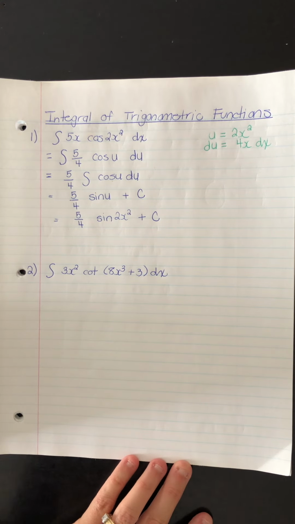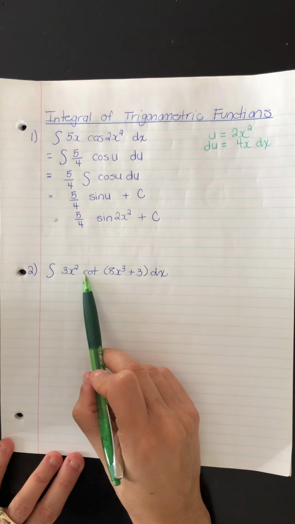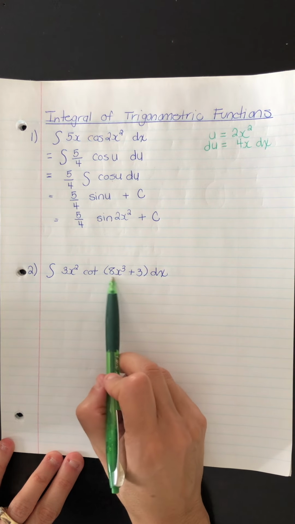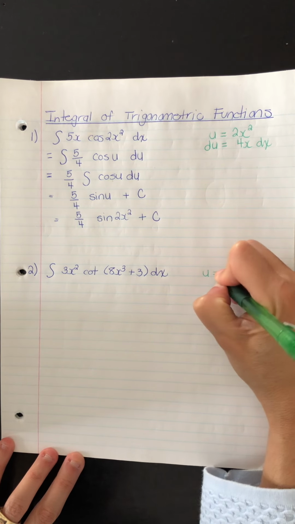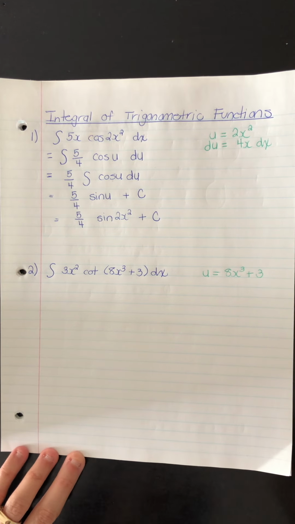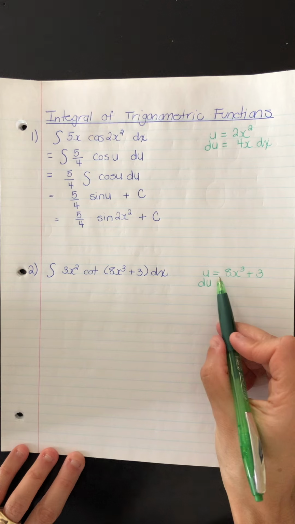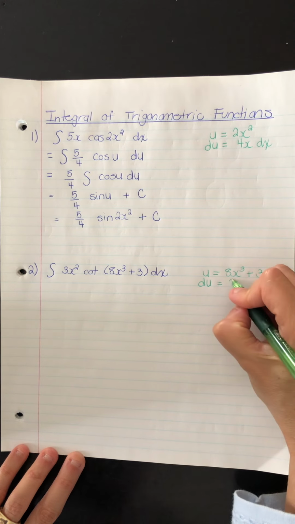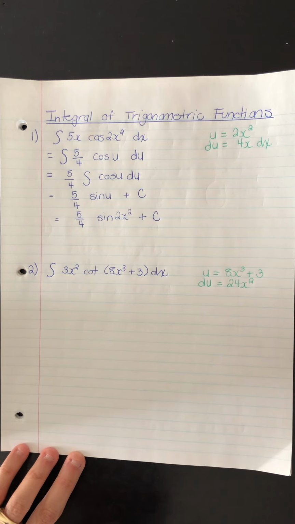So we begin, we're going to take the argument of the cotangent function right here, which is also the angle, and call that u. So u is 8x cubed plus 3. Therefore, du is the derivative of this, which is 24x squared plus 0 dx.